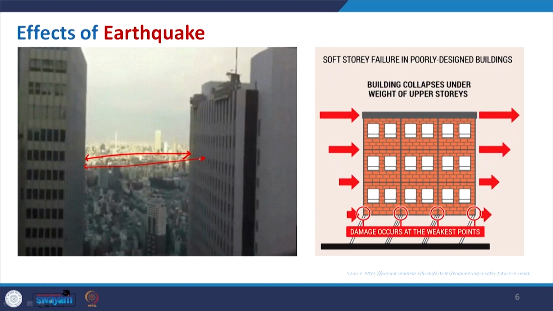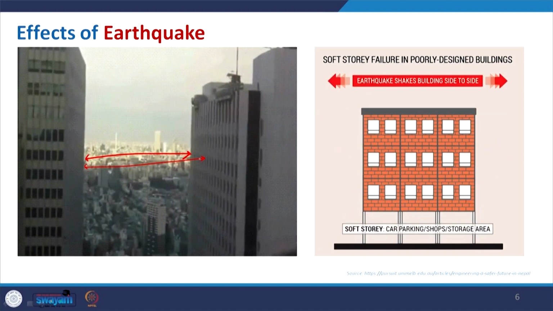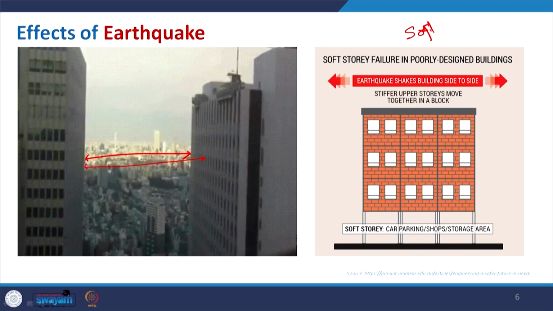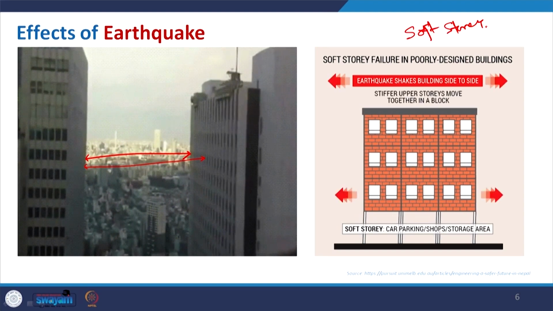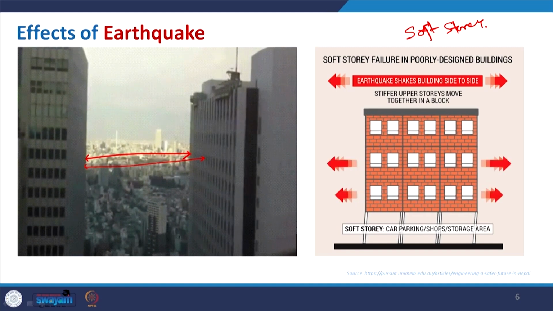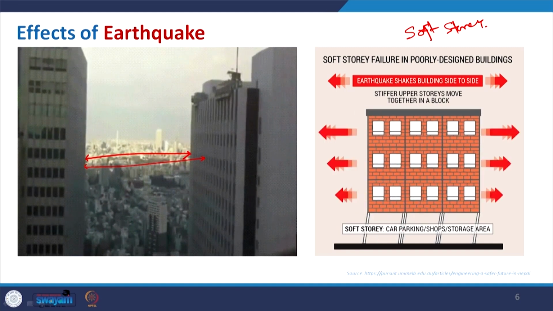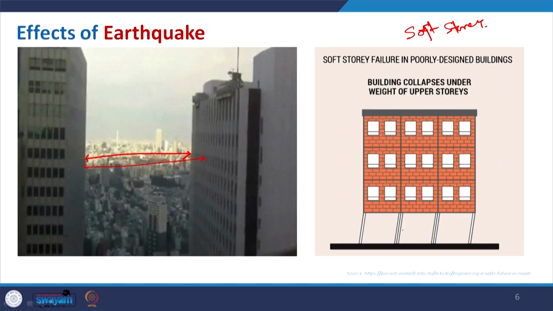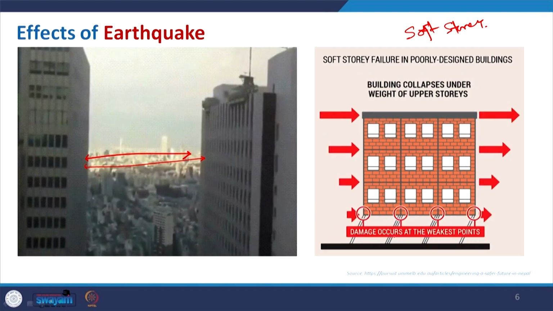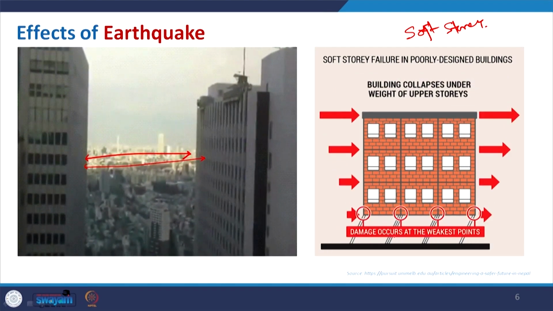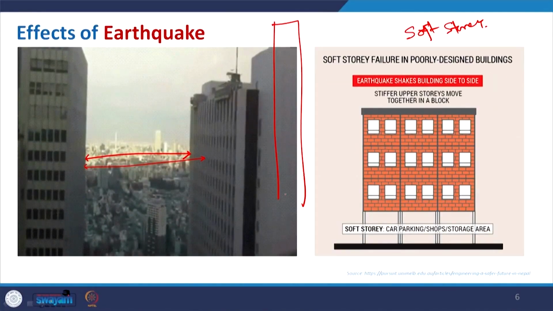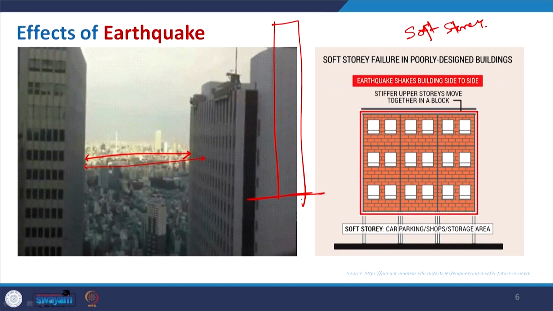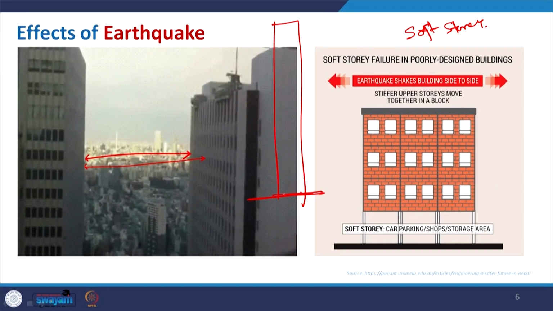Now, coming to this, it is one example of what is also called a soft story. Here the ground floor is an open arrangement, normally used for parking or sometimes shops, so it is not properly filled. The heavy mass will sway, and we have to remember one thing during an earthquake, especially for tall buildings. When the earthquake attacks, the first contact area is this surface.